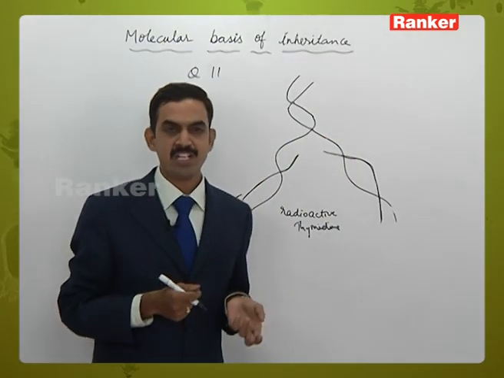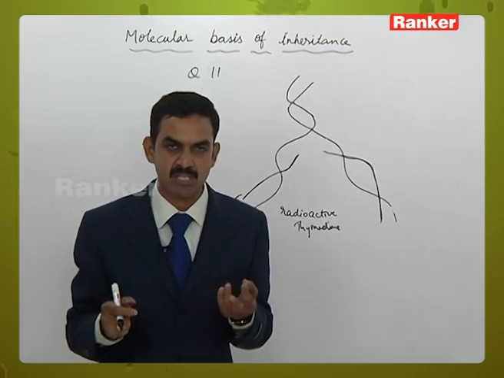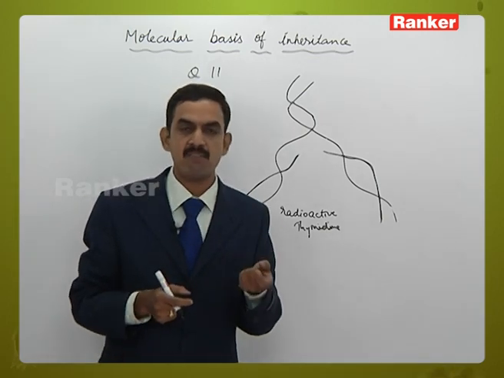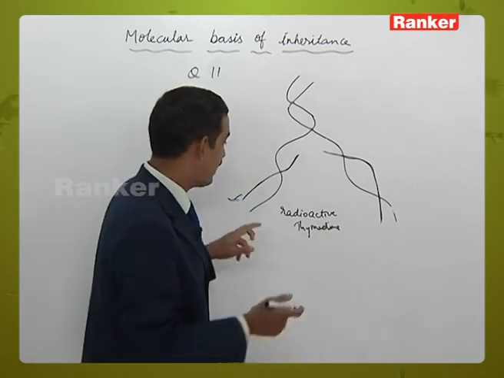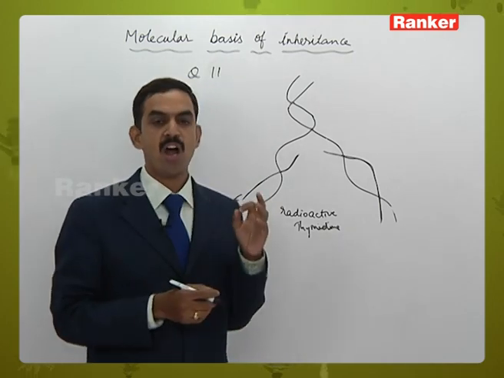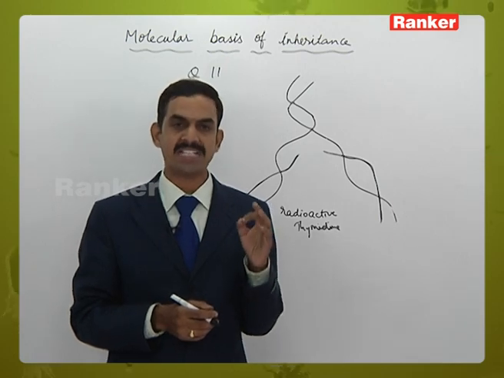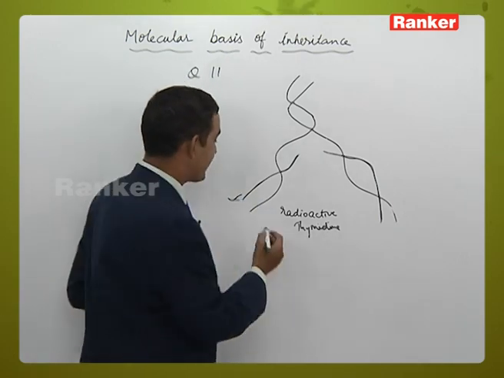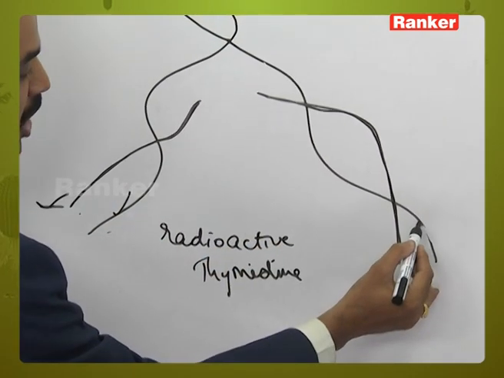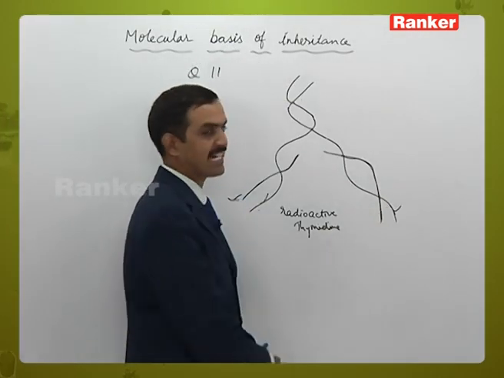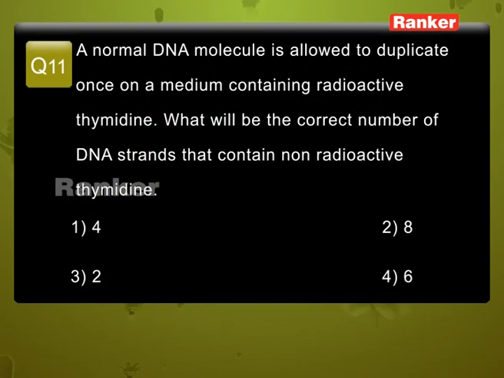So according to the semi-conservative method of replication, each daughter cell will conserve one strand of the parent, so the number of strands which do not have radioactive thymidine is 2 strands, that is, one strand in one of the daughter DNAs and one strand in the second daughter DNA. So question number 11, the correct answer is 3.